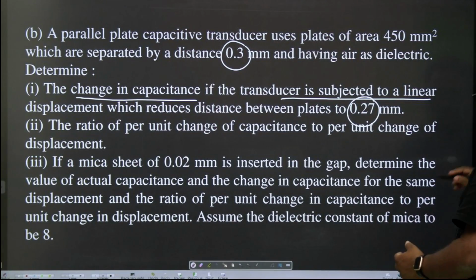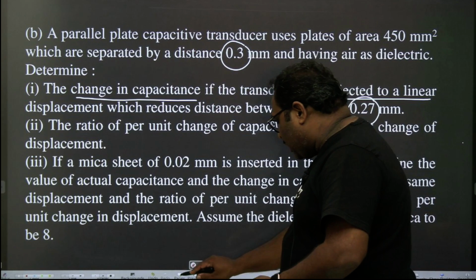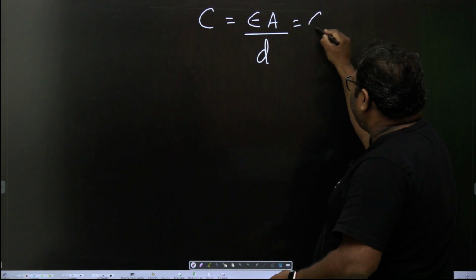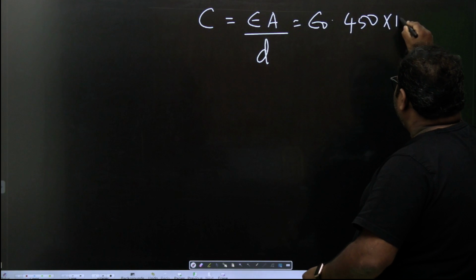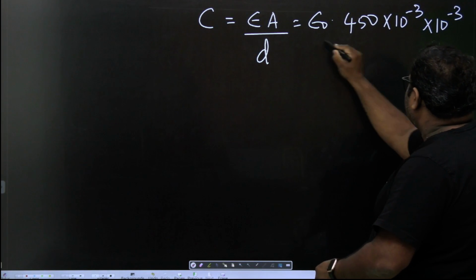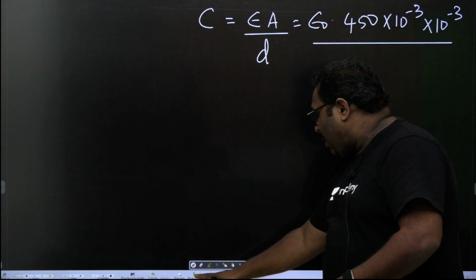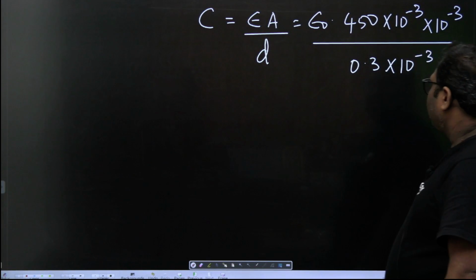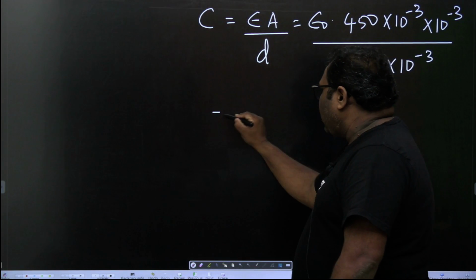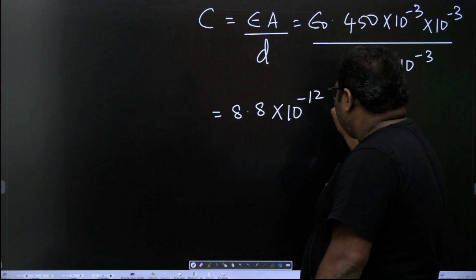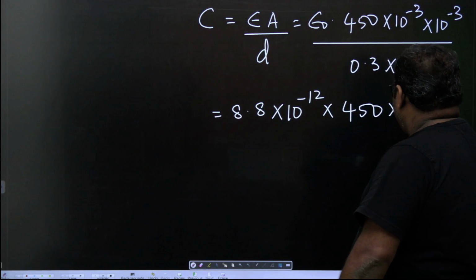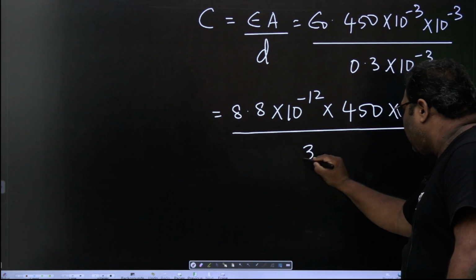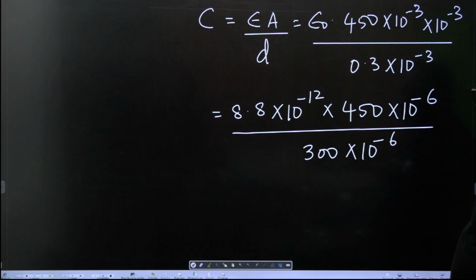So no doubt it's quite easy to calculate the first part. The first part calculation is quite easy. Capacitance is epsilon A by D, with epsilon being epsilon naught, area being 450 mm square, so 450 into 10 power minus 6, by the distance being 0.3 mm, so 0.3 into 10 power minus 3, and epsilon naught being 8.8 into 10 power minus 12. 450 into 10 power minus 6 by 0.3 into 10 power minus 3 can be written as 1500 into 10 power minus 3.